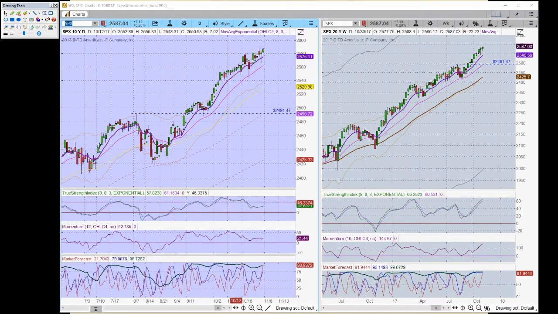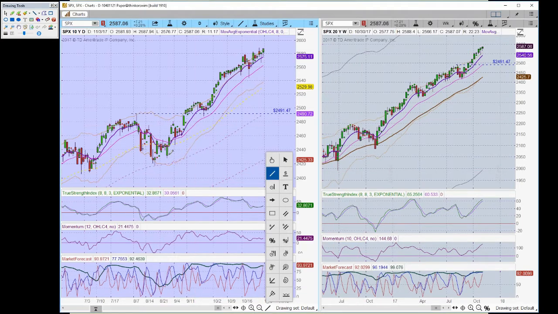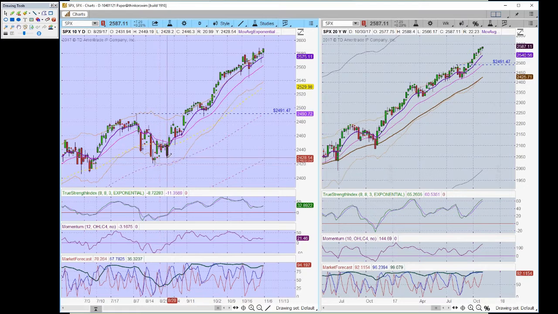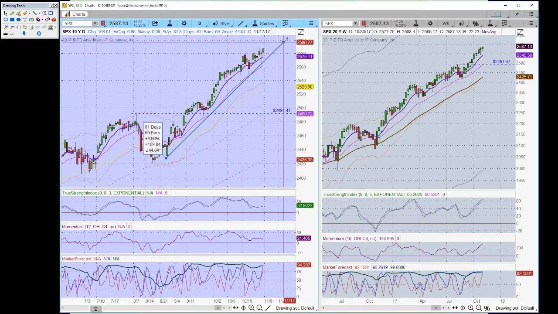So one of the things we can do is lay in a trend line from, well, not about here, but from here. There we go. Up through this point here. And as long as that trend line remains intact, the trend's going to continue.